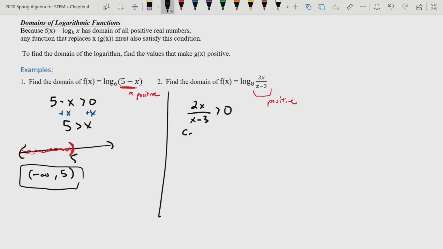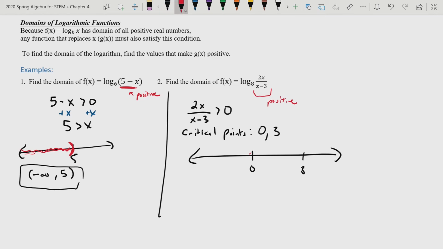So our critical points are any points that make the numerator 0, which is 0, and any point that makes the denominator 0, which is 3. If I draw a number line, that means I have a critical point at 0 and a critical point at 3. We know that both of these points are excluded because at 0 this thing equals 0, which is not positive, and at 3 it's undefined, which is not positive.